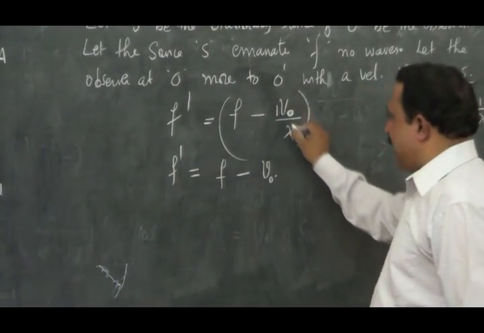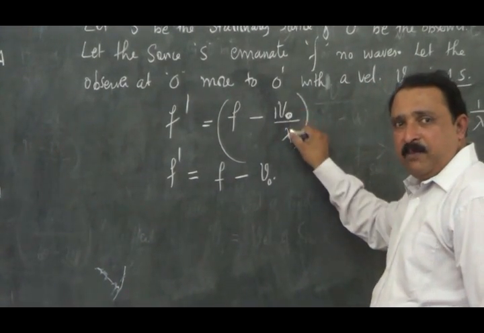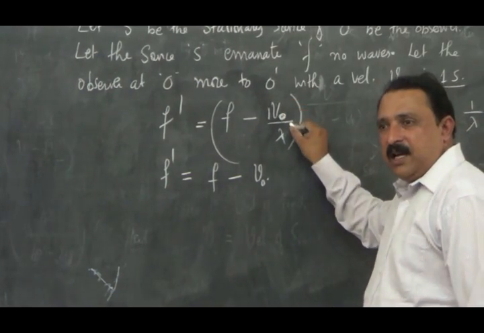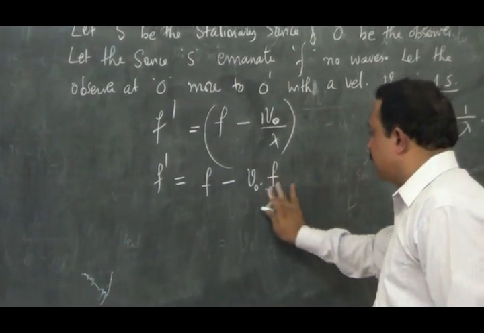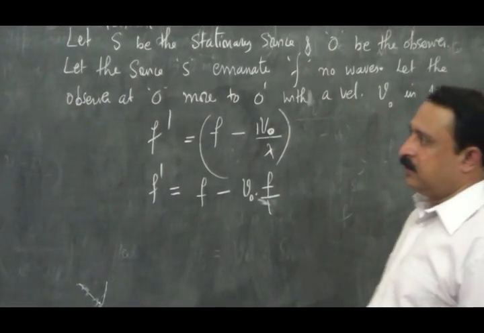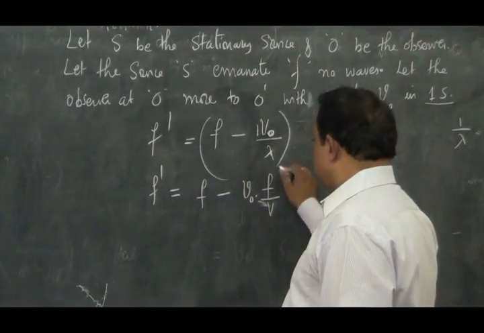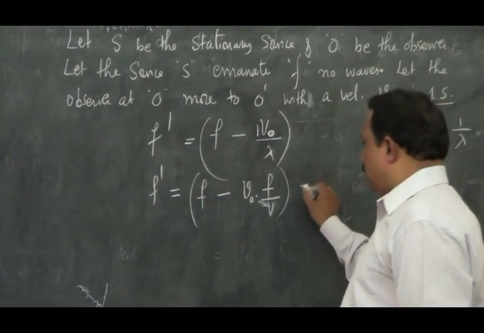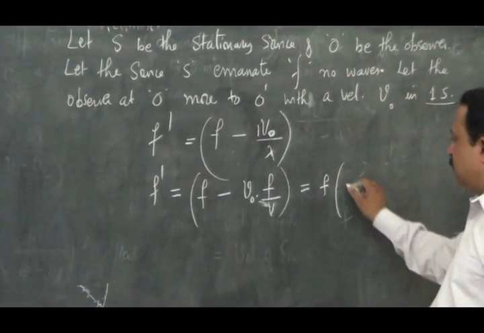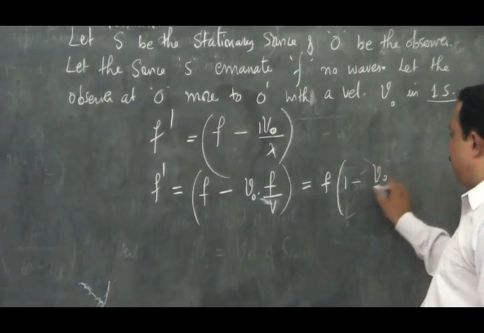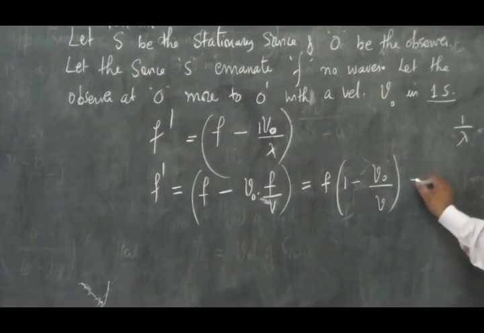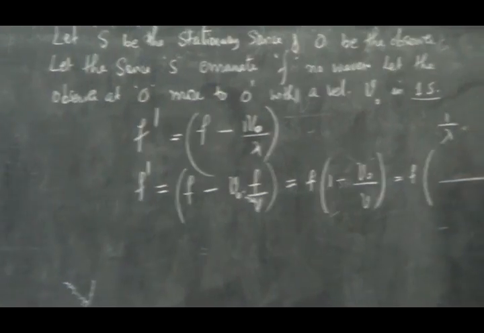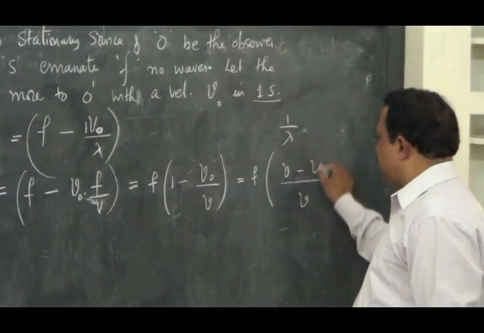There is 1 by lambda, and I write it as F by V. Or F is a common factor, 1 minus V naught by V. Or F into, take LCM, V is the LCM, V minus V naught.